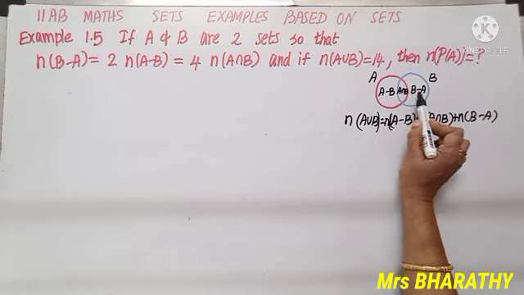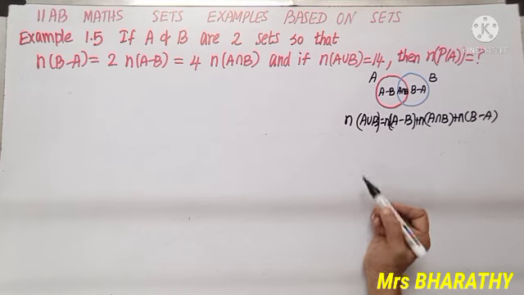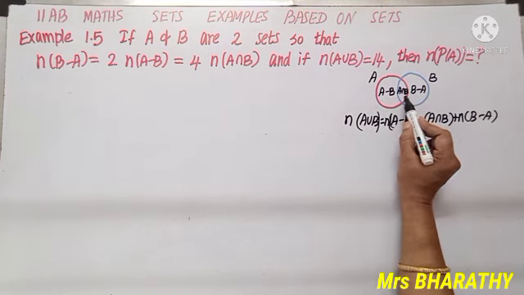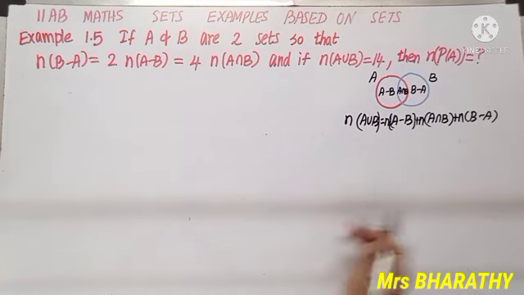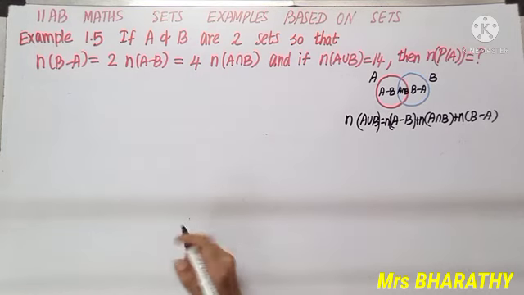All the three, when I add up, I get A union B. So, n of A union B is n of A minus B plus n of A intersection B plus n of B minus A. Having known this relation, let us identify each thing separately.